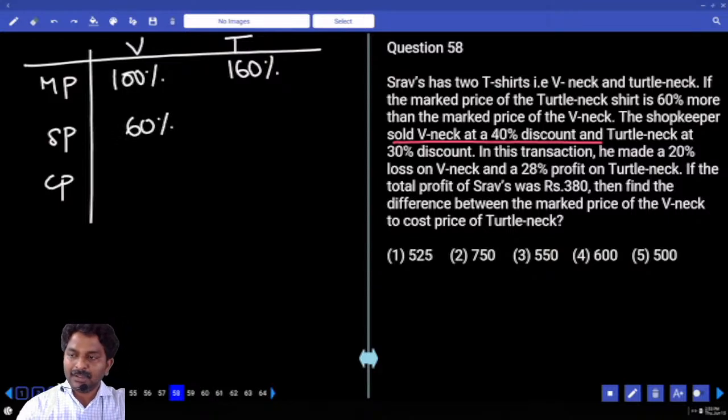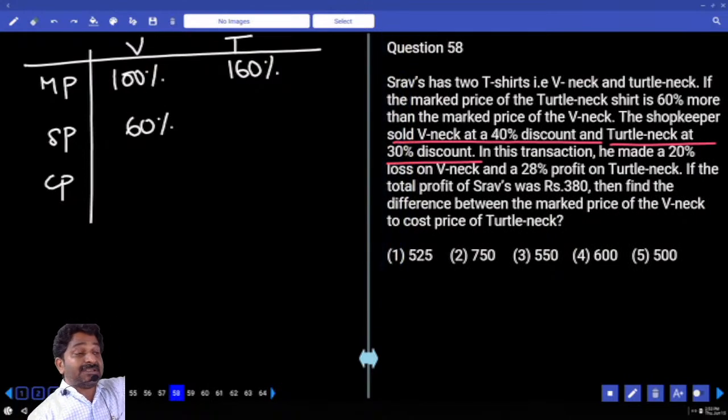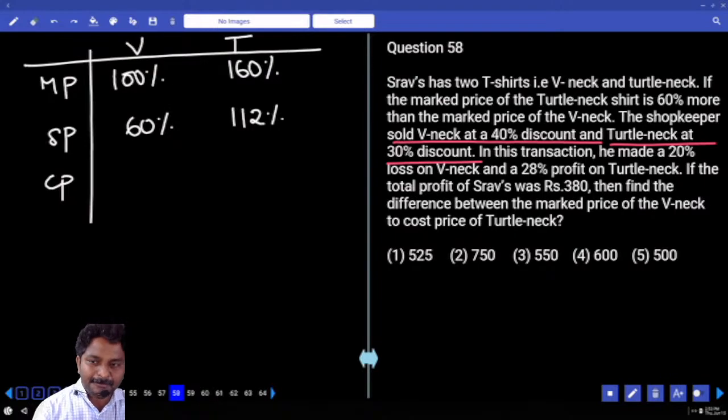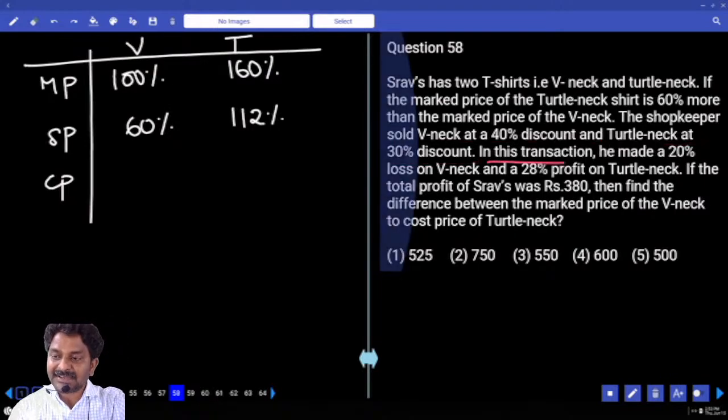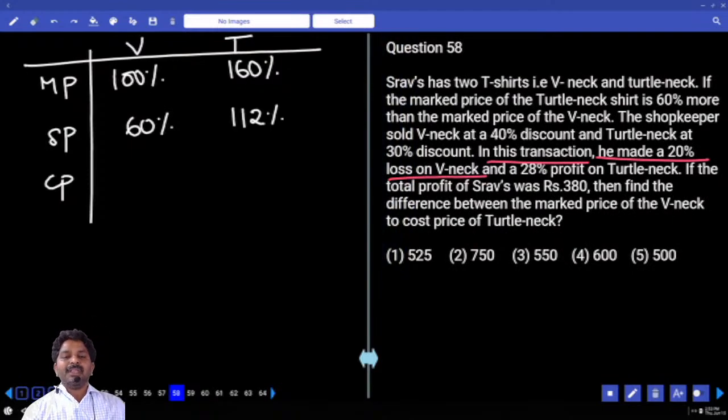Turtleneck at a 30% discount, calculated on 160, is 48, so he will sell the item at 112%.